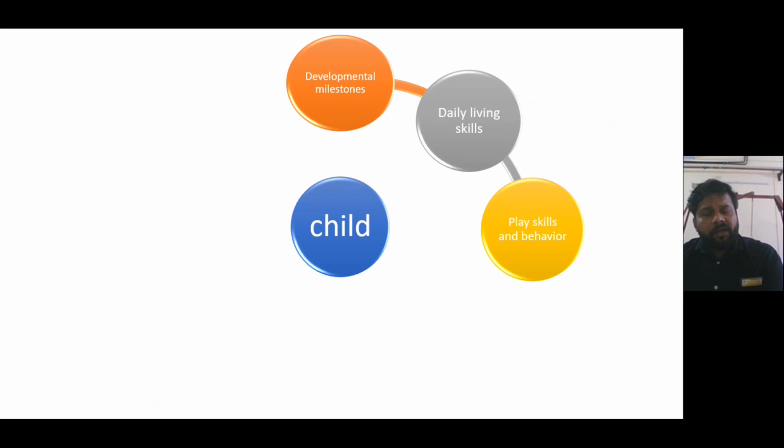Play is one of those activities. During play, many children face challenges across various kinds of skills. The OTs help them develop better play behavior and play skills so that they can participate better with their playmates.